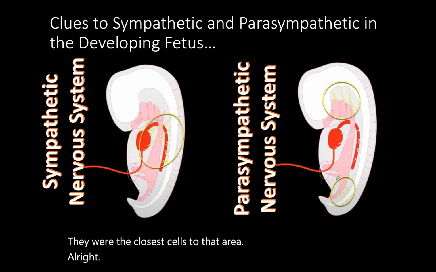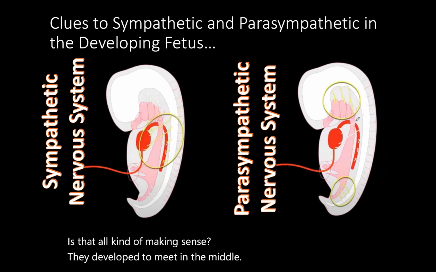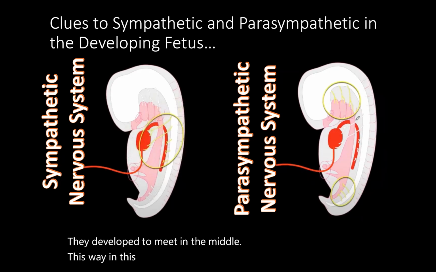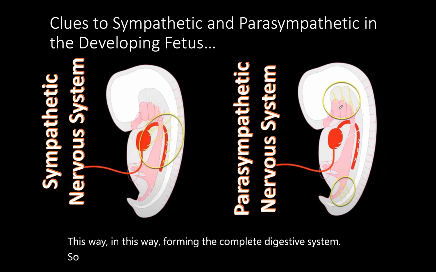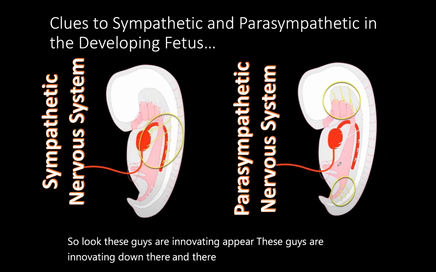Is that all kind of making sense? All right. They develop to meet in the middle, this way and this way, forming the complete digestive system. So look, these guys are innervating up here, these guys are innervating down there, and they're meeting in the middle, which is where that stomach is.